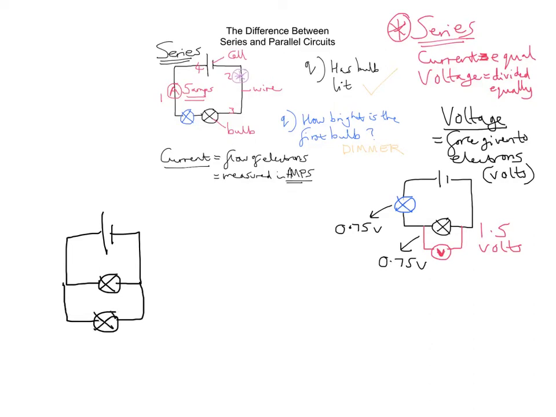That's what a parallel circuit would look like. So we have bulb 1 in one sort of loop, and bulb 2 in another. I'm going to call it a loop, but it means it's in a parallel circuit.